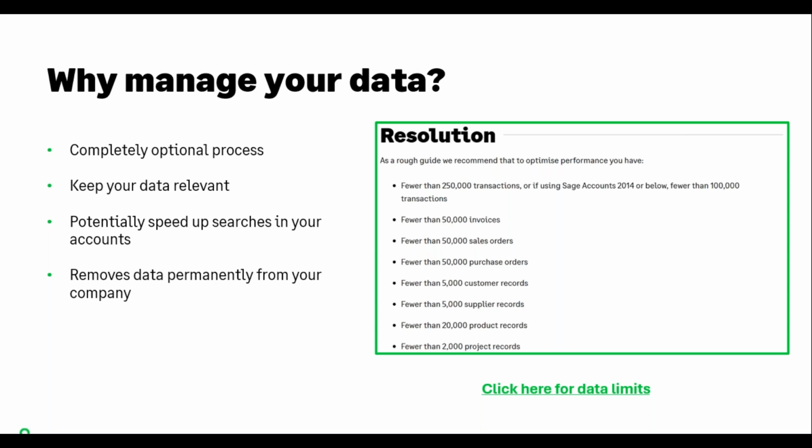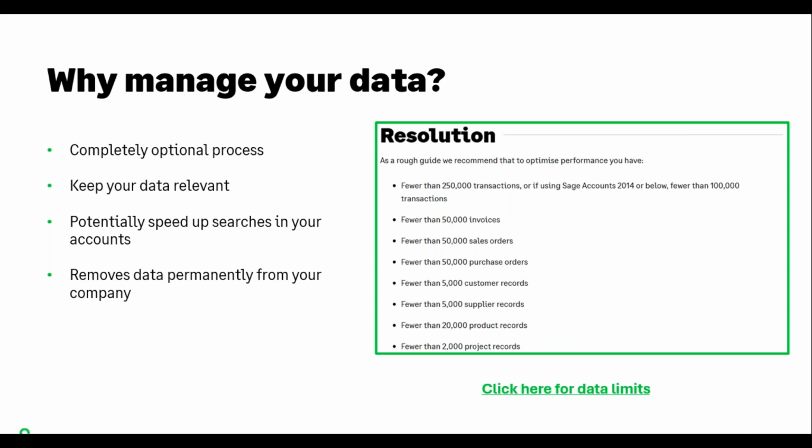Today, we're going to talk about what Sage can control, and what Sage can control is help you manage that data. So when you process things such as backups, VAT returns, year ends, that kind of thing, hopefully you'll see a benefit. Now, as I say, we don't have a figure for how much Sage can take when it comes to volumes of data. But on the right-hand side of this slide, you can see the recommended limits.